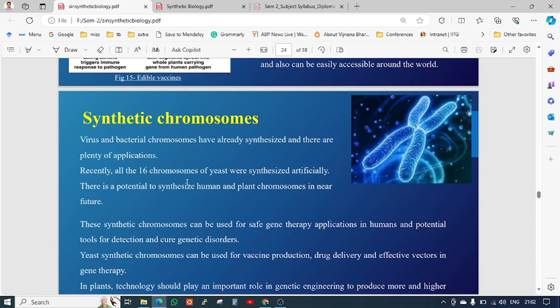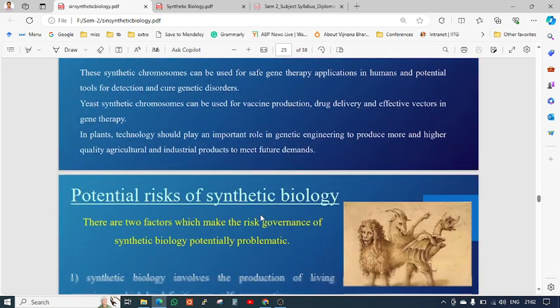Synthetic chromosomes, that means genetically modified chromosomes. If it is possible to change the chromosome, then it can also cure genetically inherited diseases in our body. So these are the applications of synthetic biology.